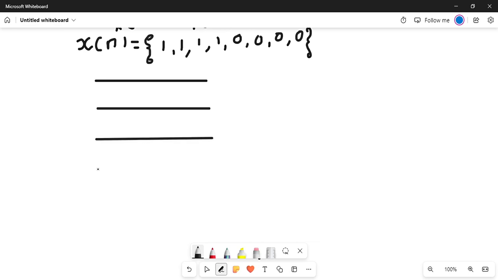From this particular problem, you will understand how you have to draw the diagram, right? So you will understand how you write the diagram from this. So it is 1, 2, 3, 4, 5, 6, 7 and 8, right?